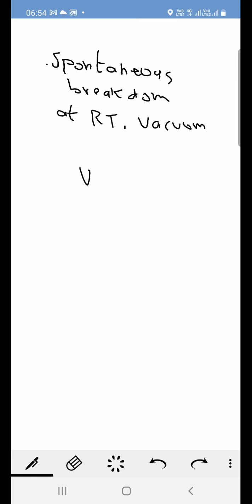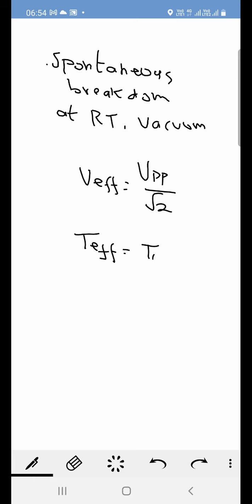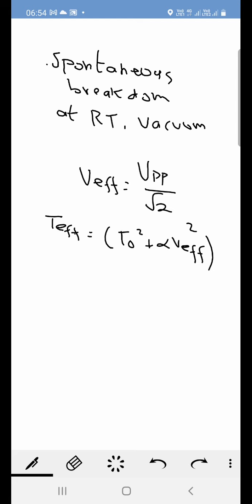Effective voltage is VPP, the amplitude voltage, by root 2, and the effective temperature, T effective, is equal to the square root of T square plus alpha V effective whole square, to the power 1 by 2.